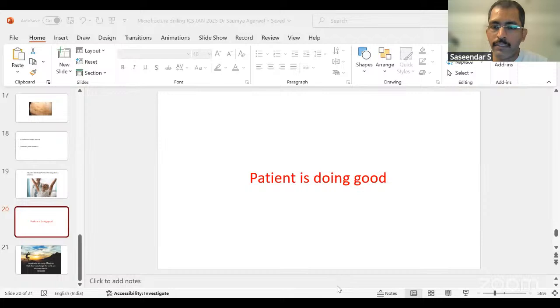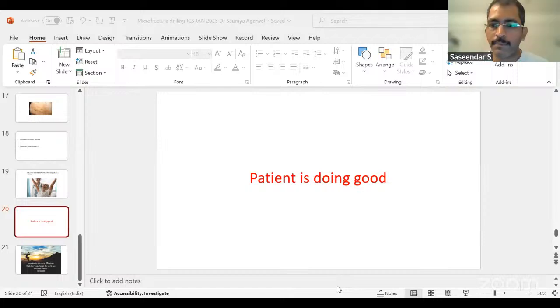Perfect, Dr. Rajat. Many a time when we do arthroscopy and we are going for either ACL or meniscus, sometimes we find it's an incidental finding that the cartilage is not there, and it's a very small lesion, less than 1 centimeter. So at that time we can go for microfracture drilling if the panel agrees.